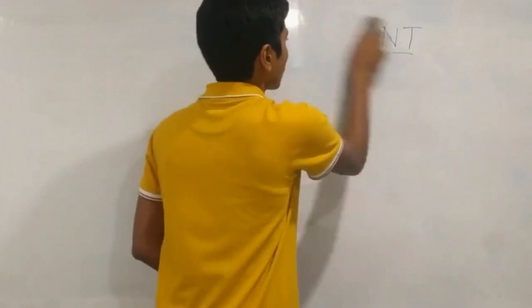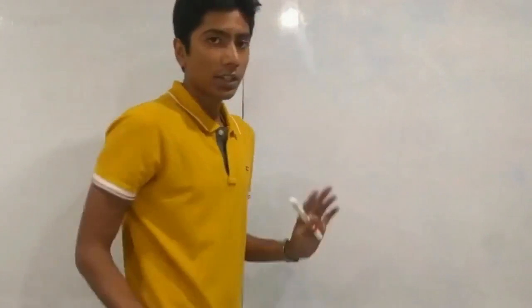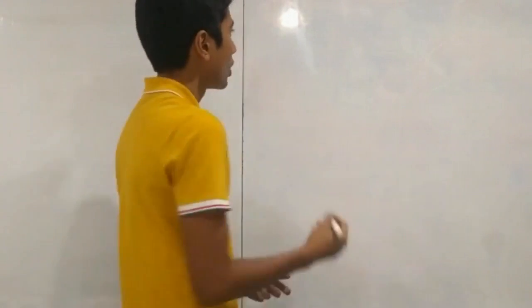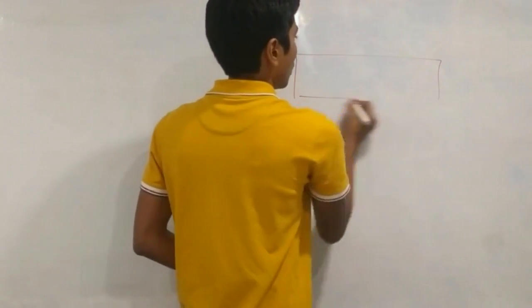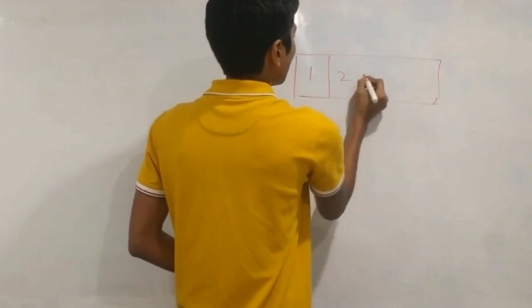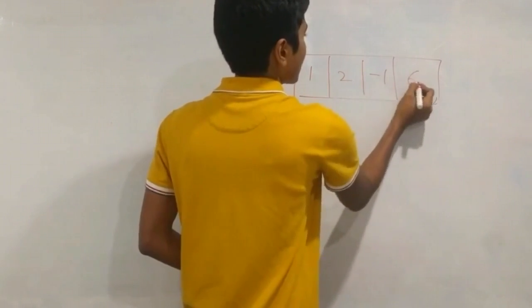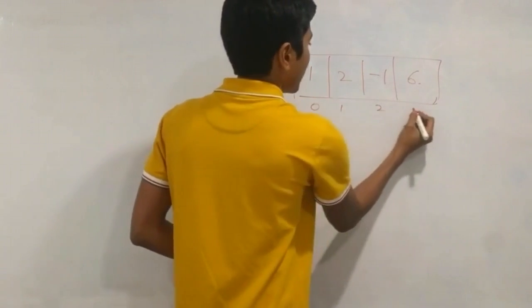So let's take an example of a list first. You have a list 1, 2, -1, 6, and these are the indices.